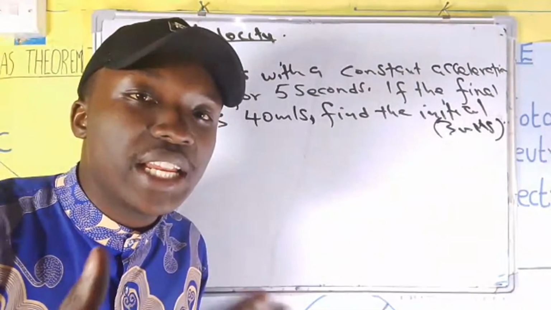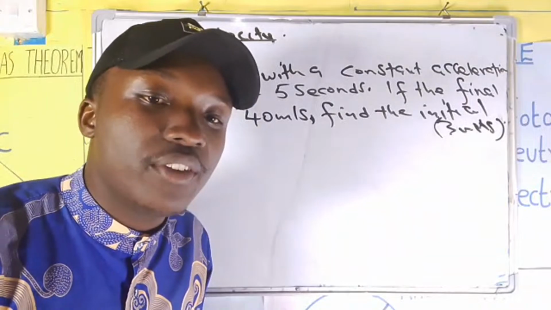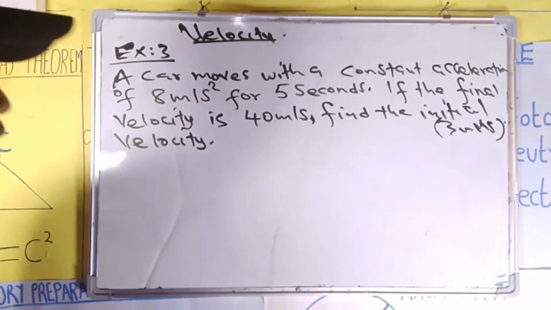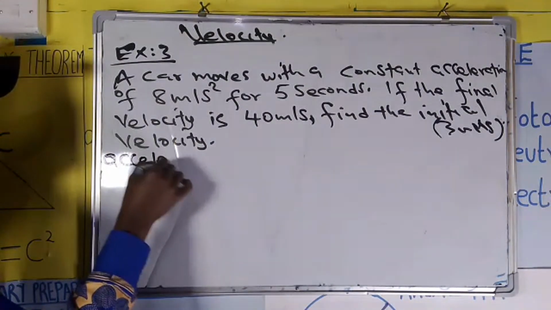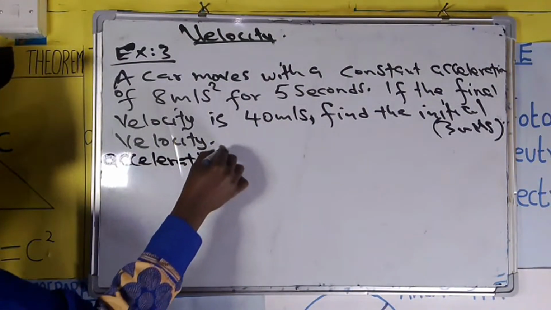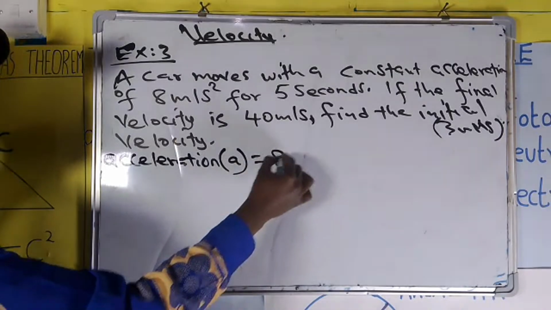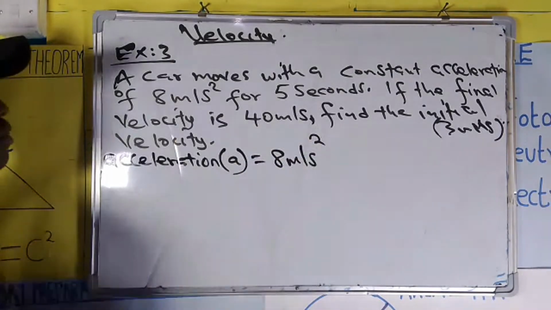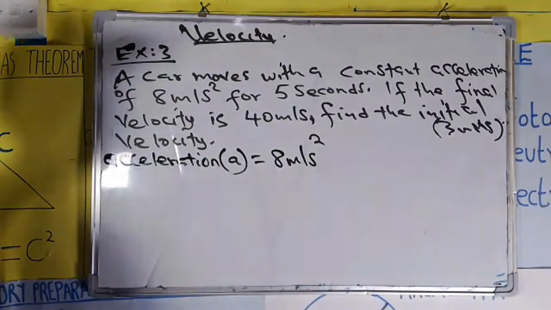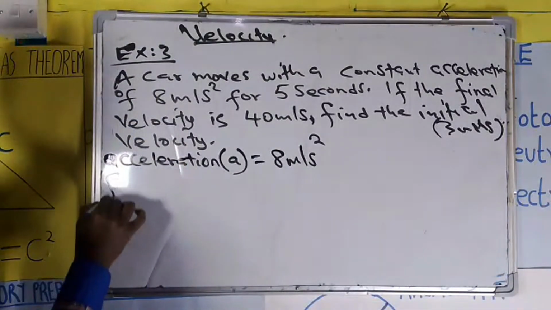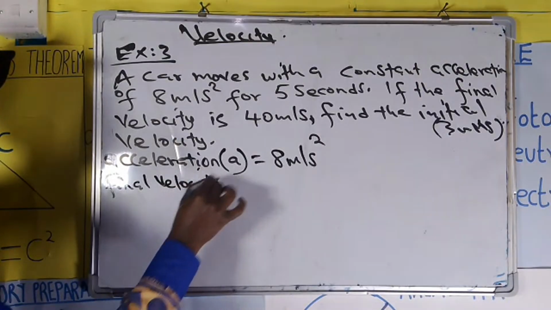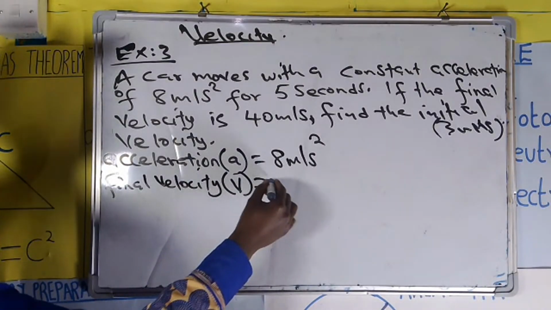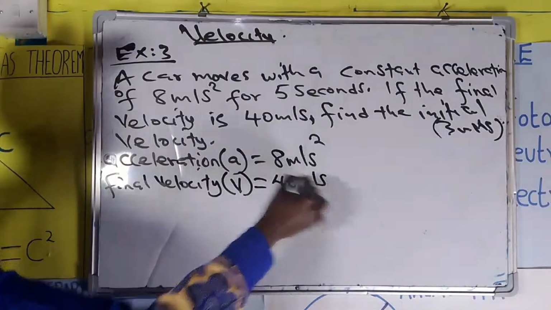So this is very easy because we already have everything we need. Check out. We already have the acceleration, which is a, and it has been given as 8 meters per second squared. Then we have the final velocity, which we represent by v, is equal to 40 meters per second.